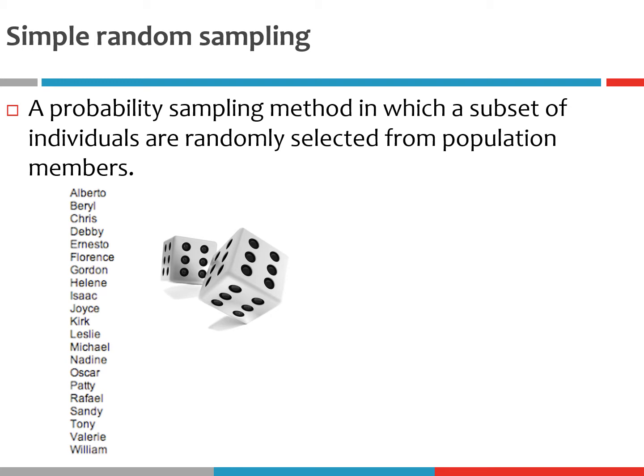Okay, so you've listed everybody's name in alphabetical order. And again, if you get a 3, you'll take the 3rd person on the list. If you roll an 8, you'll take the 8th person on the list, and so on until you reach your sample size, so until you have 50 people, let's say, right? But there's something wrong with this particular strategy. If you were to use this strategy, you may have 50 participants before you reach the end of the list, right?